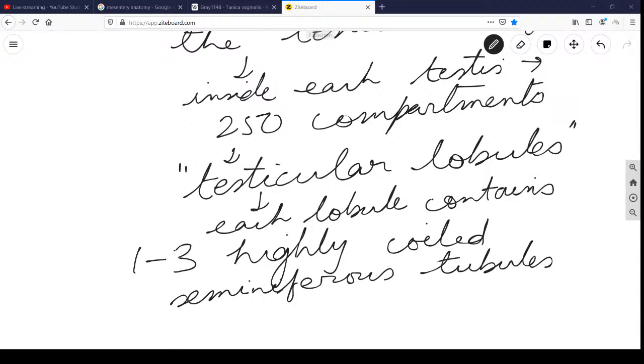And the testicular lobules are separated from each other by specific tissue barriers known as septa.